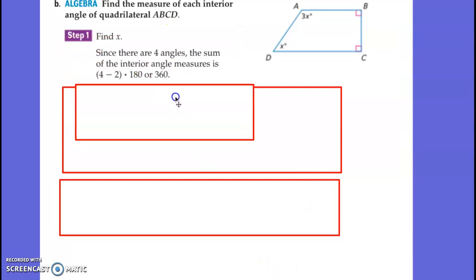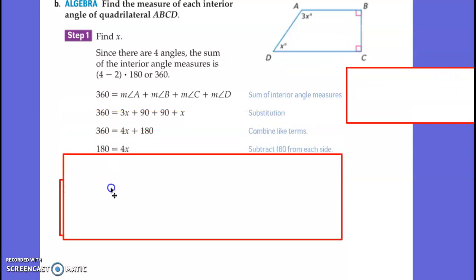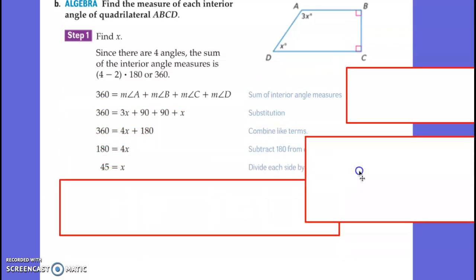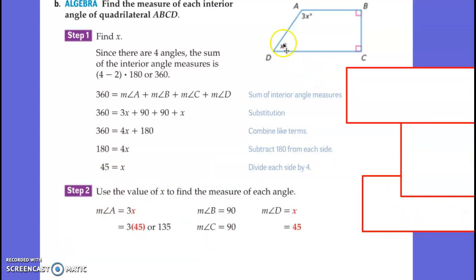So we found x, and now we would substitute back in. Angle D would be 45 degrees, and then angle A would be 3 groups of the 45 degrees, which gives us 135 degrees.